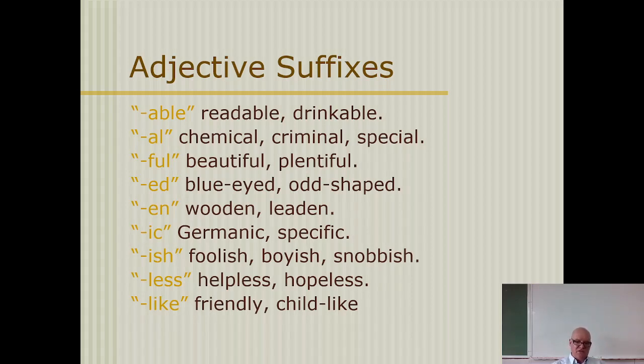The next. Adjective suffixes. So remember, again, pre means before. Suffix means after. Yeah? So here we have many words, many not easy words also. Able, readable, drinkable, chemical, criminal, special, beautiful, plentiful, blue-eyed, odd-shaped.